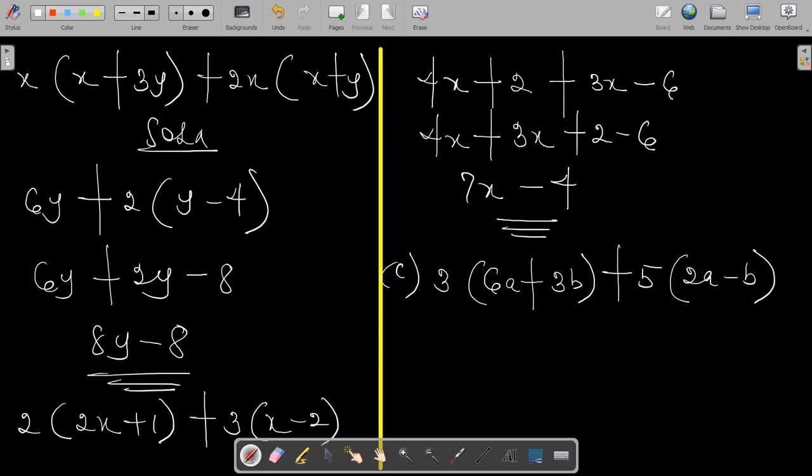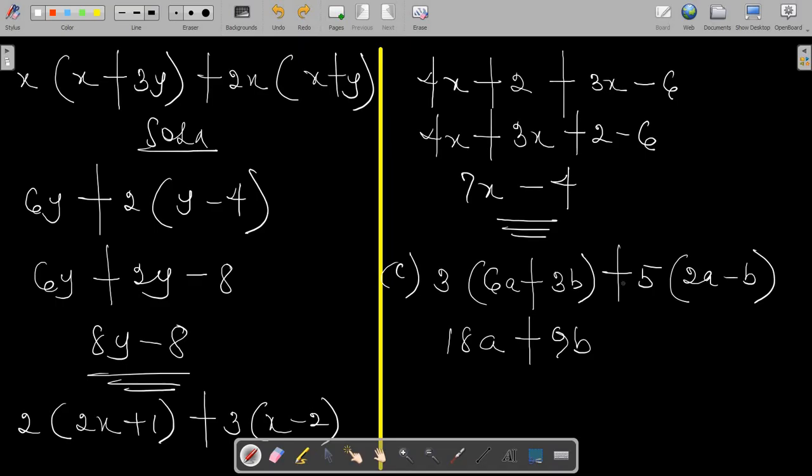So the first thing we need to do is to multiply the same 3 by 6, the same 3 again by this 3 at this end. So 3 times 6, we have it to be 18a plus 3 times 3, we have it to be 9b. After doing that, we still repeat the same experiment here: 5 to multiply by this and 5 to multiply by b.